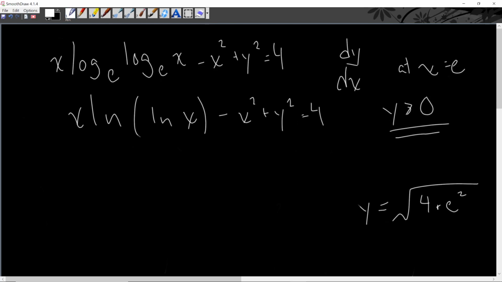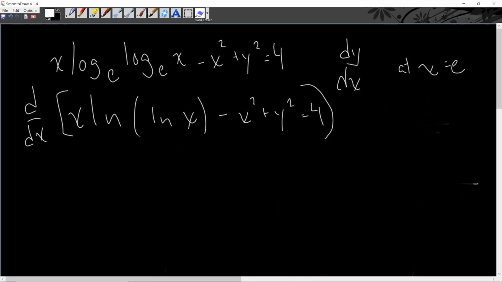So we have to do the derivative on both sides again. Yeah, I probably should bring y's on one side, x's on the other side, but we like to live on the edge, I guess. And this one's going to be both a product and a chain rule. So if we were to just look at chain rule, this is going to be our inside function, this is going to be our outside function, both of them are ln. So let's actually look at the outside thing that's happening, which is product rule.